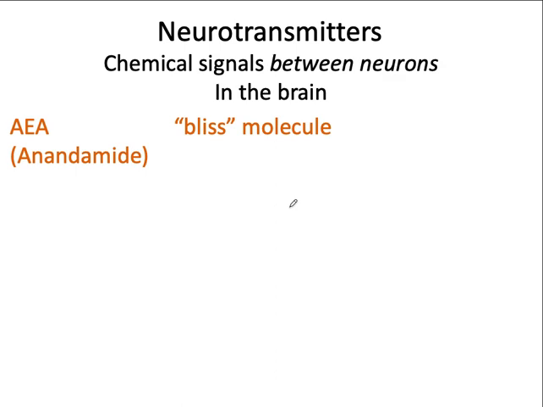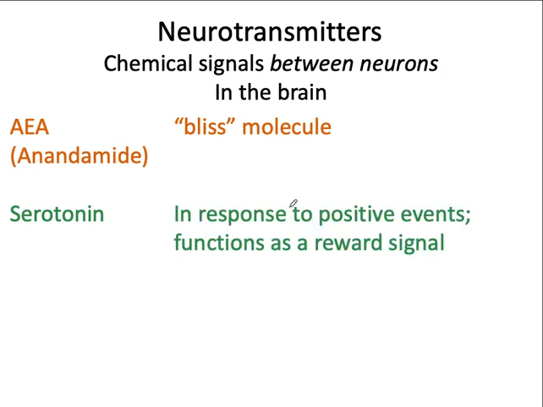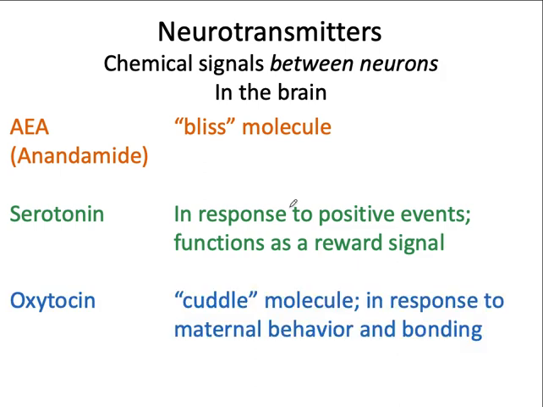This is the neurotransmitter associated with the runner's high that some of you may have experienced. Serotonin is another neurotransmitter that's released in response to positive events and functions as a reward signal. Oxytocin is the cuddle molecule, and it's released in response to maternal behavior and bonding.